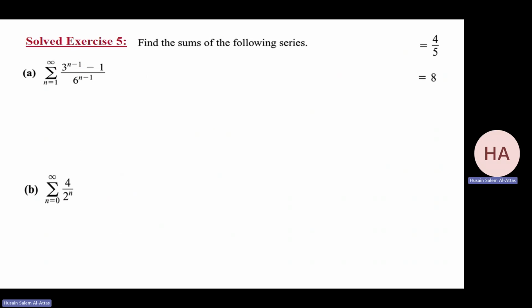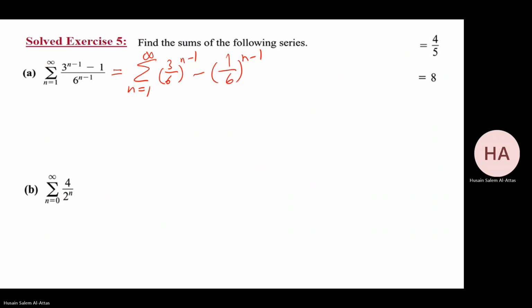Find the sum of the following series. How to do this? Yeah, I can split it into 2 parts. Summation n equals 1 to infinity of 3 over 6, all to the power n minus 1, minus 1 over 6, all to the power n minus 1.